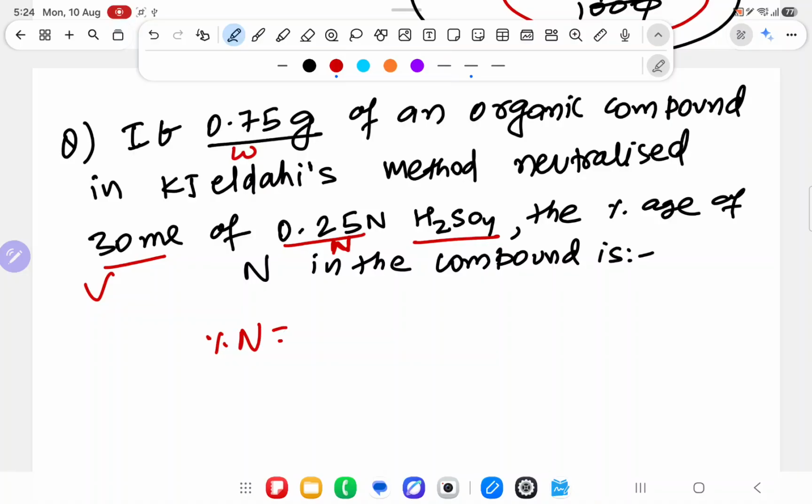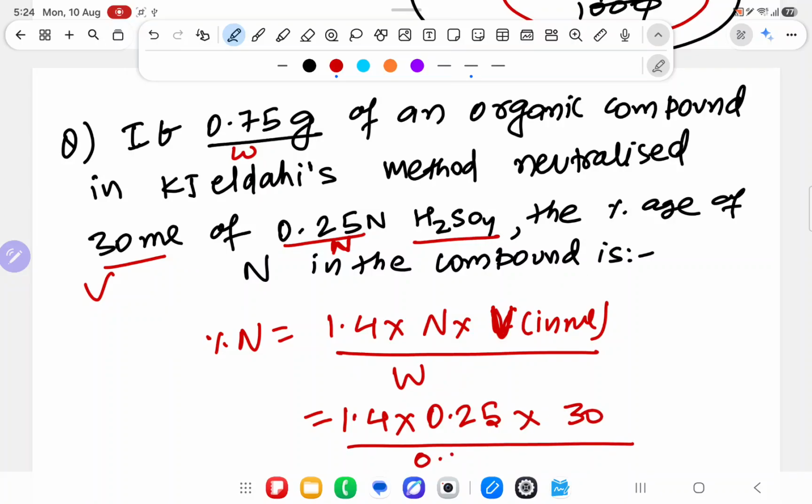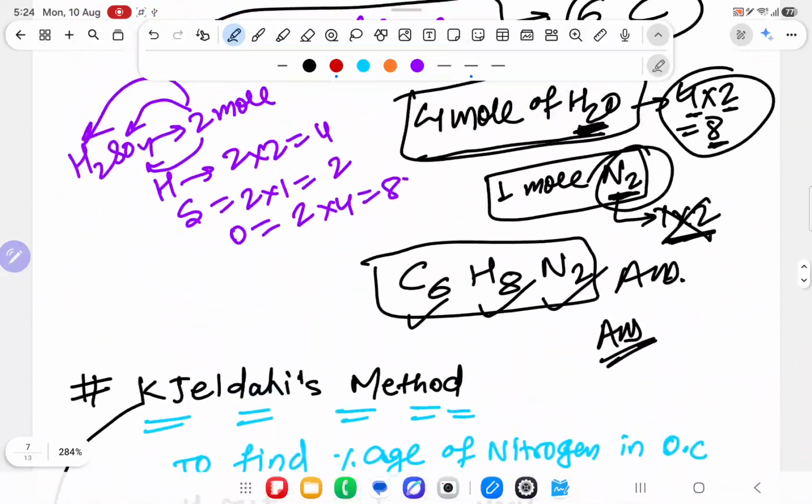Percentage of nitrogen formula is 1.4 into normality into volume in milliliter, divided by weight of organic compound. So normality directly given 0.25, volume directly given 30 milliliter, and 0.75. Solve it. What is the answer coming? That is the percentage of nitrogen by the Kjeldahl method. Understanding? Very complicated questions? No sir.